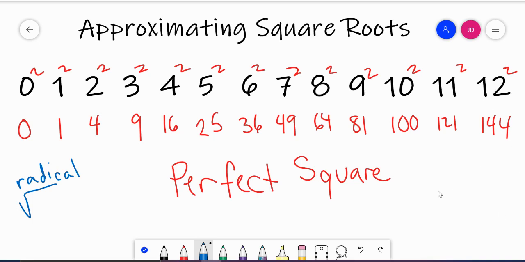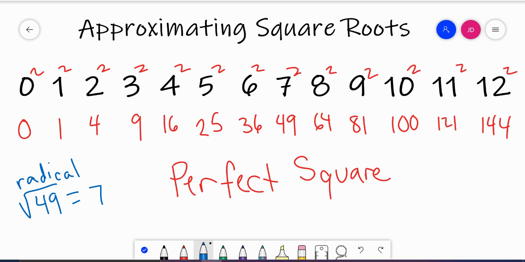So if I take the square root of 49, I'm asking myself, what times what is 49? That has to be the same number, and that is 7. All right, so the square root of 49 is 7. It's the opposite of squaring a number. Just like the opposite of addition is subtraction, the opposite of multiplication is division. The opposite of squaring is taking the square root.